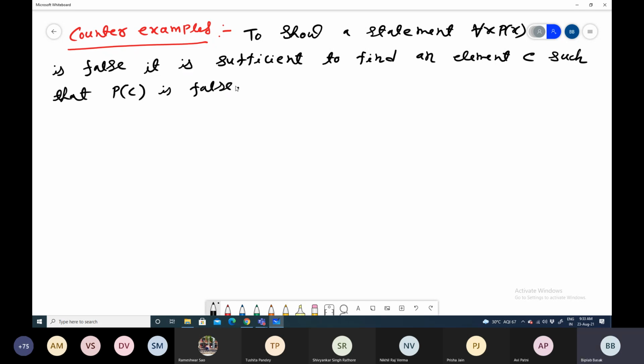This gives a proof of the statement that for all x P(x) is false.